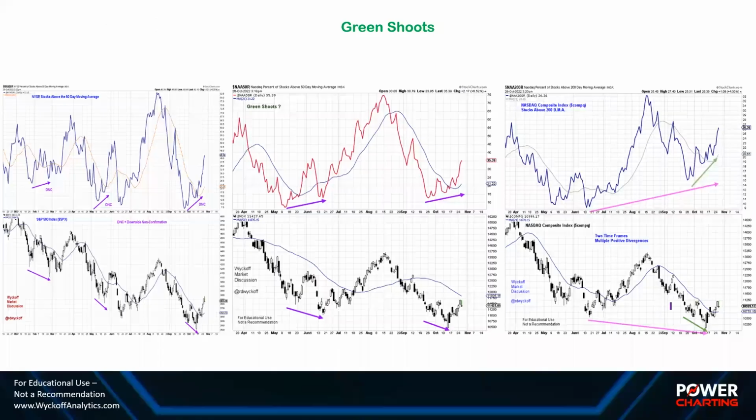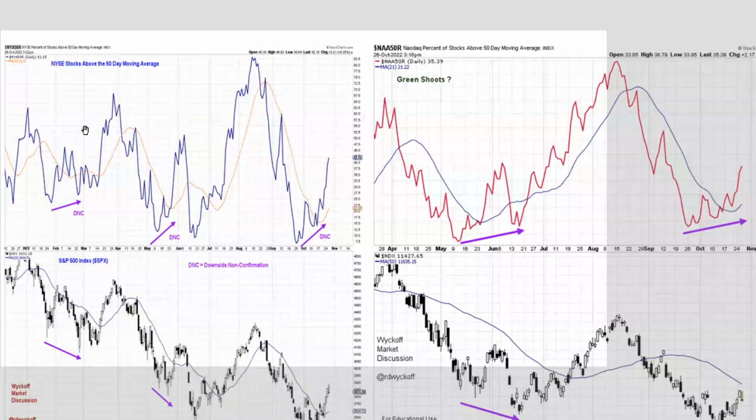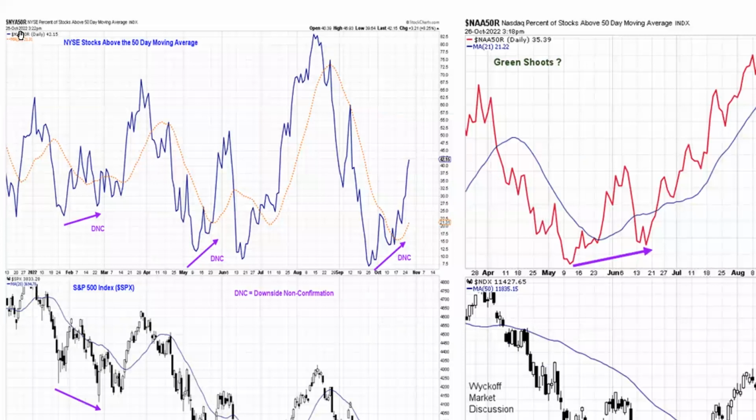Now, we had some advance warnings about this, and that was the green shoots. Let's take a look. As a matter of fact, if I can get my little magnifying glass, I'll blow this up. Here, this is the New York Stock Exchange, stocks above their 50-day moving average, through the end of October, October 26th.